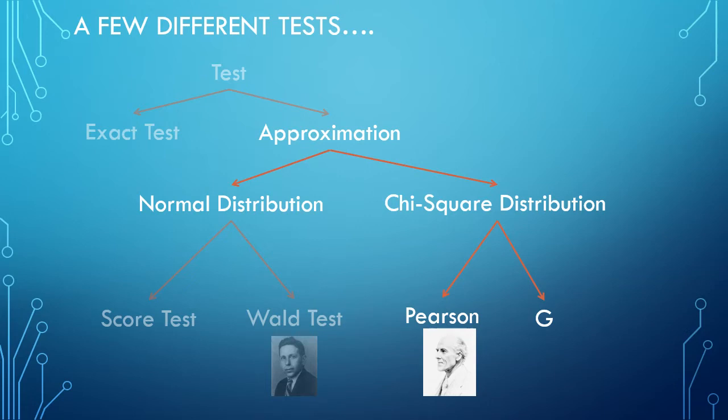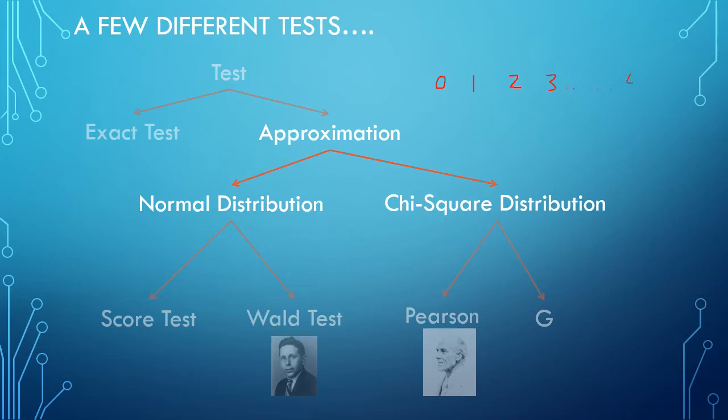But that's not all, because both the normal distribution and the chi-square distribution are approximations of this binomial distribution, or at least that's what we're using it here for. And the binomial distribution is a so-called exact test. So that means it actually has categories like 1, 2, or actually it starts at 0, 3, etc., depending on how many categories you have.